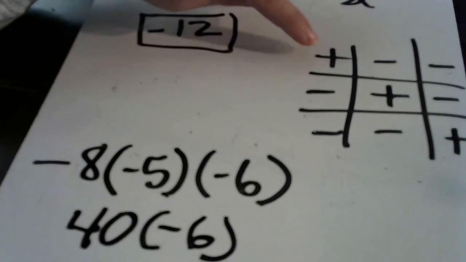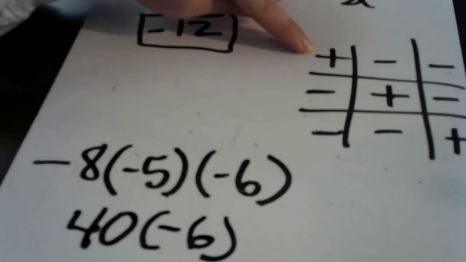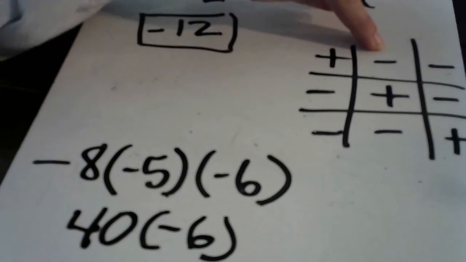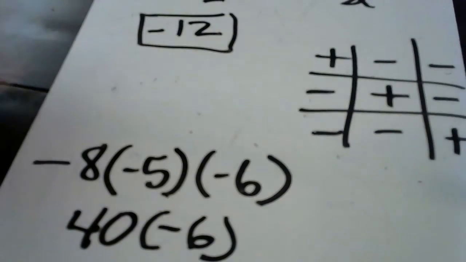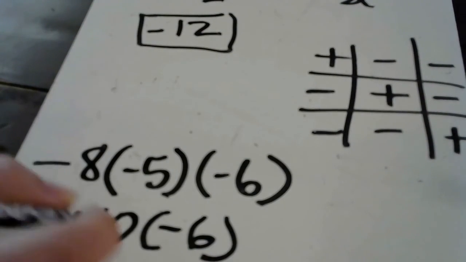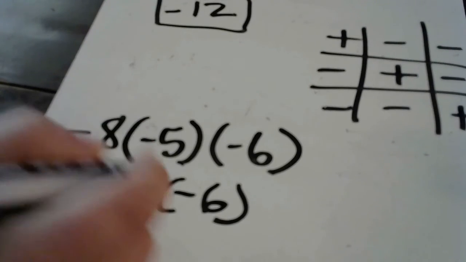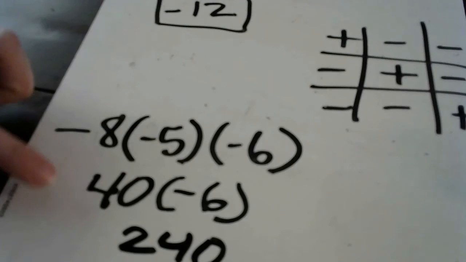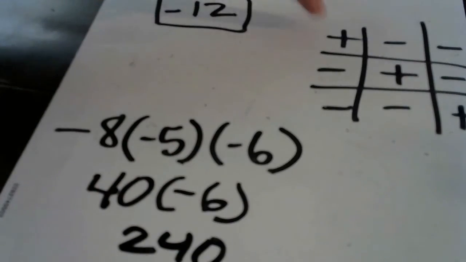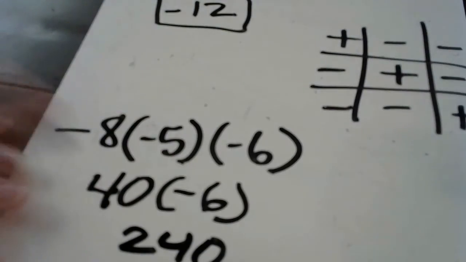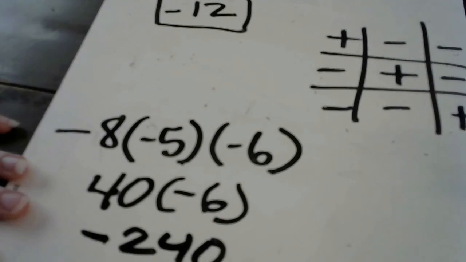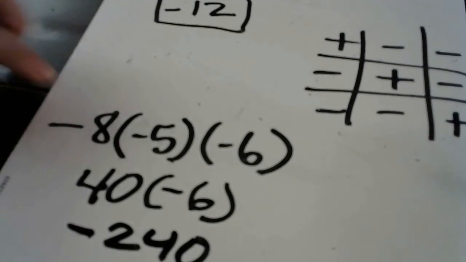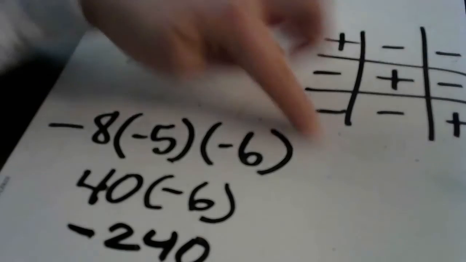So we know that +40 times -6 is going to be a negative answer. And 4 times 6 is 24, so my answer is going to be 240. Positive times a negative is negative, so it's -240.